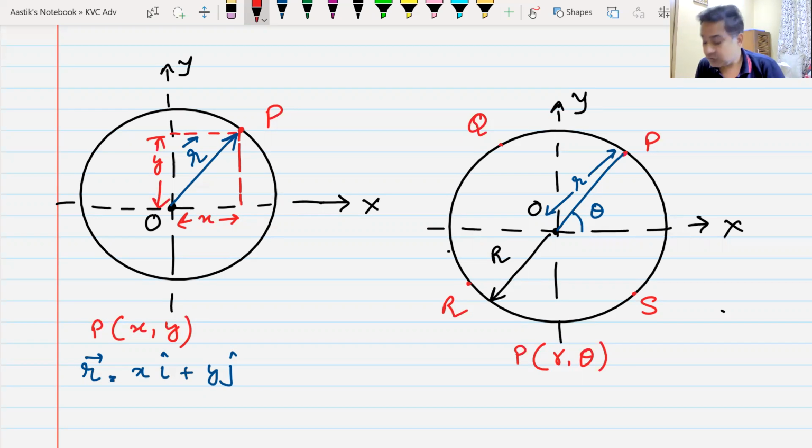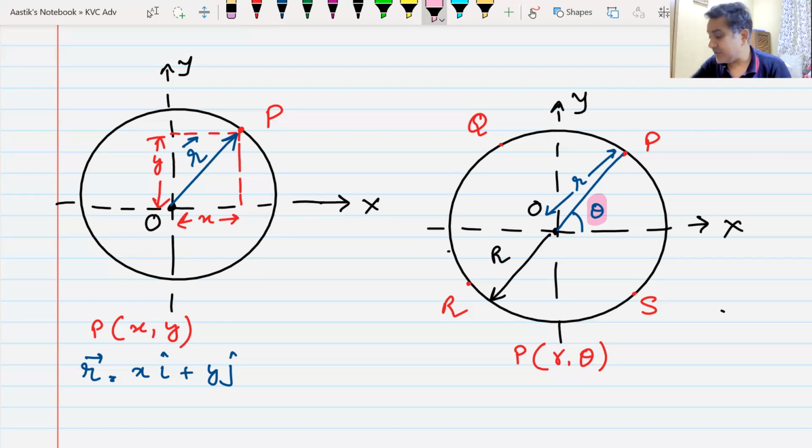So instead of two coordinates, x and y, both changing for all the points, I can understand this in a different way where only one coordinate, theta, is changing. The rest of the thing, r, remains the same for all the points. When I represent this in this way, this angle theta tells us the position of the particle. Yes or no? Yes, sir.